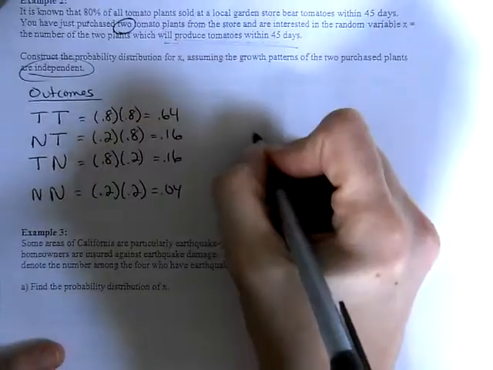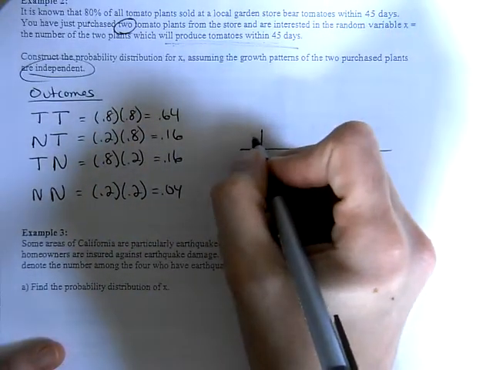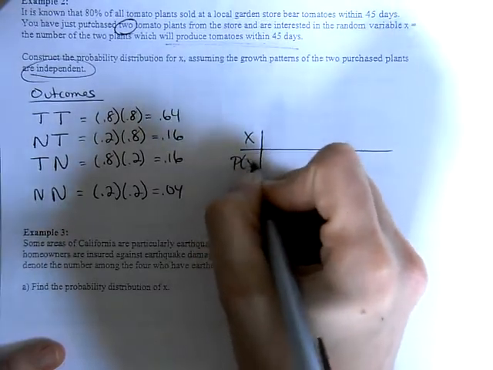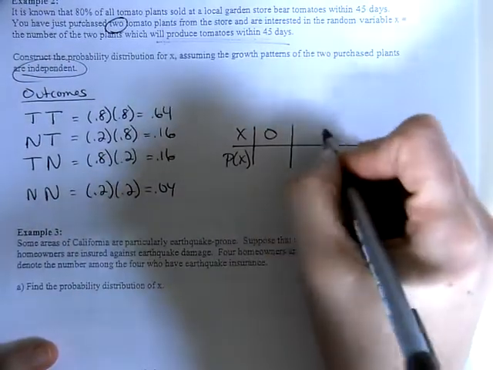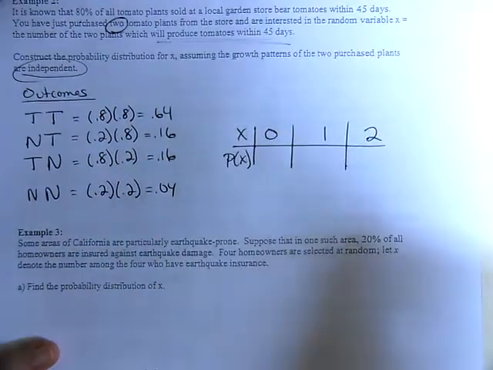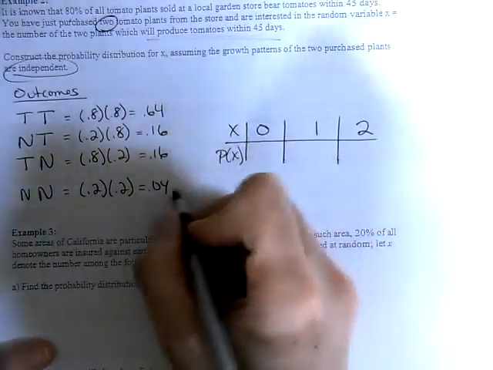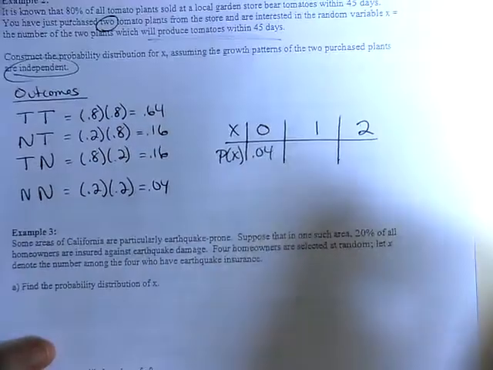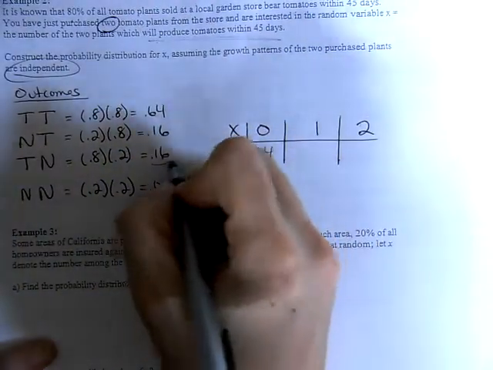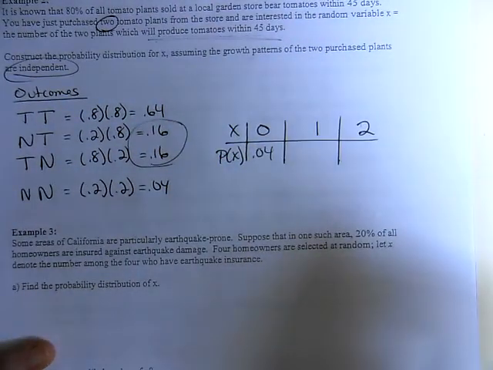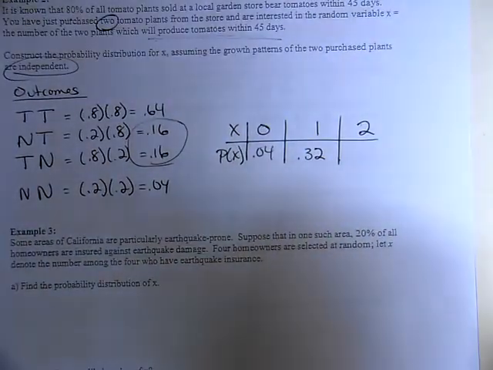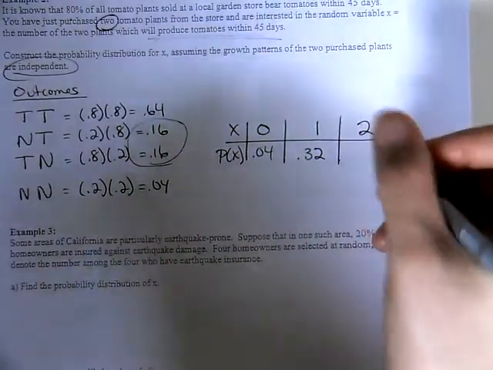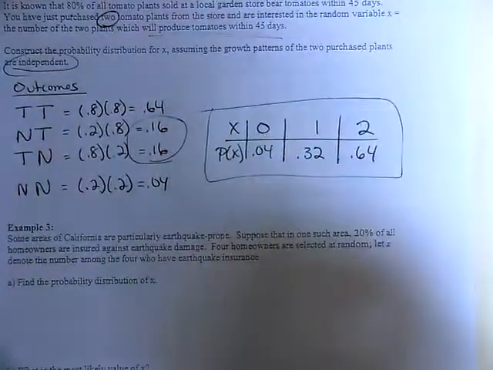Okay, so now when I go to make my probability distribution, I have x and the probability of x. Again, I can have 0 tomatoes, 1 tomato, 2 tomatoes. So 0.04 goes in. For 1, you've got to put both of these together, so it's actually 0.32 because there's 2 ways for it to happen. And then 2 tomatoes was 0.64. So there's my probability distribution.